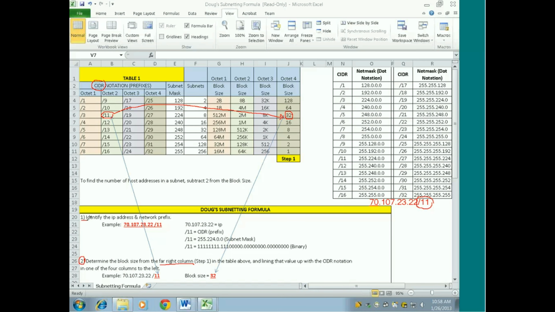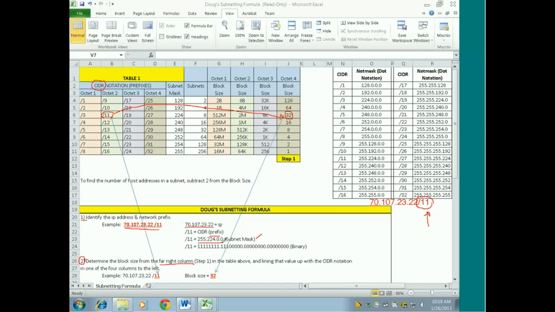Let's back up. Step number 1 was I identified my IP address and network prefix, didn't I? I saw that my IP was this, and I saw that my prefix was this. I also see that my subnet mask, my decimal value, is this.